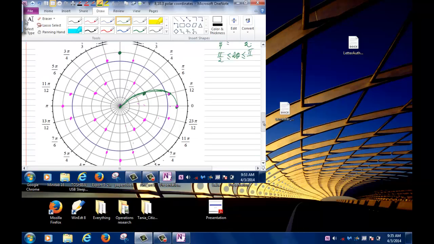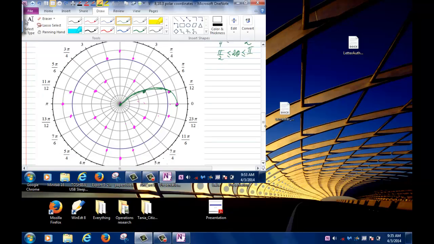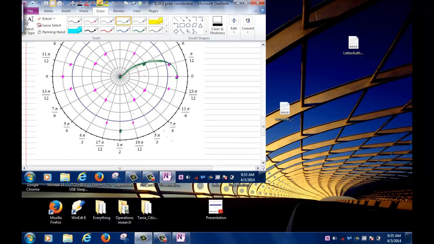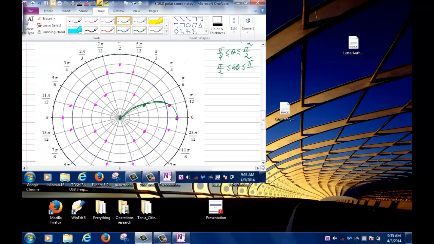So I don't get this point, I'm sorry. At pi over 2, I'm actually getting this point here, right? It's negative 1.